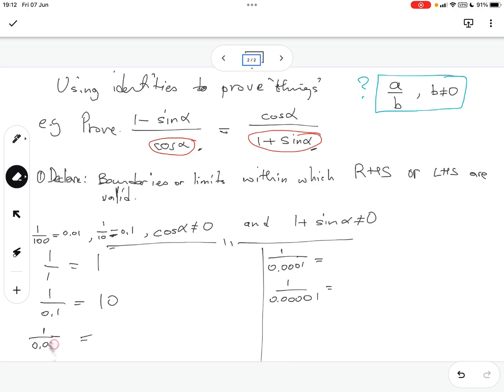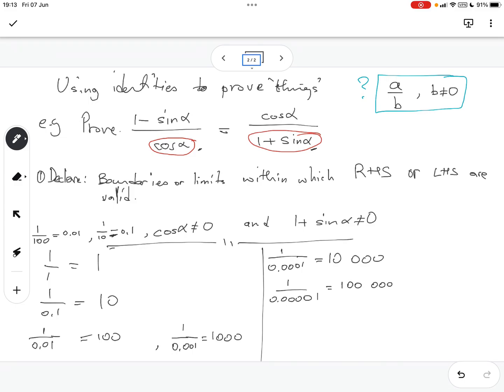Then 1 divided by 0.1 is 10. Then 1 divided by 0.01 is 100, then 0.001 gives 1,000. Then 0.0001 is 10,000.